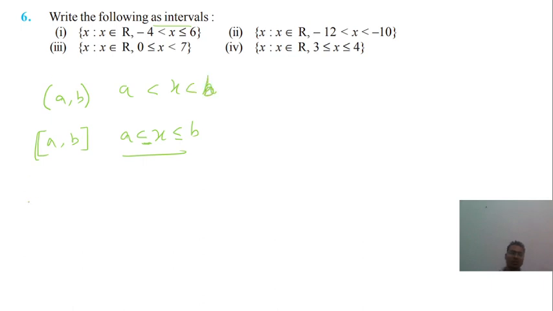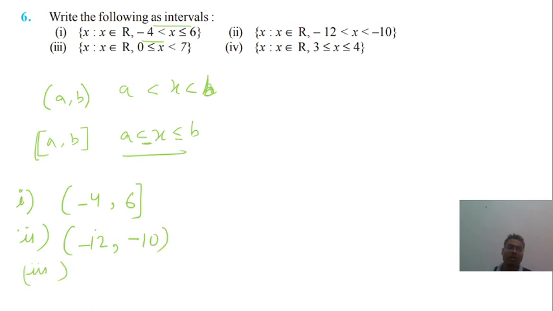Okay, coming to our question number first. Question number first is saying x such that x belongs to real number, and they don't put any equals to sign here, so we will just open this interval and put a closed interval here. Coming to question number second, they again put no equals to sign, so we will put both sides open, no square brackets.